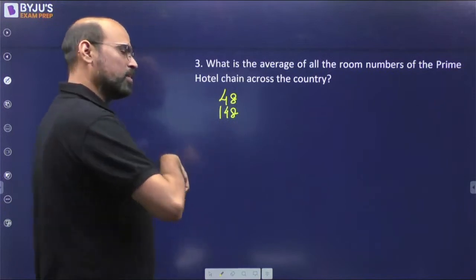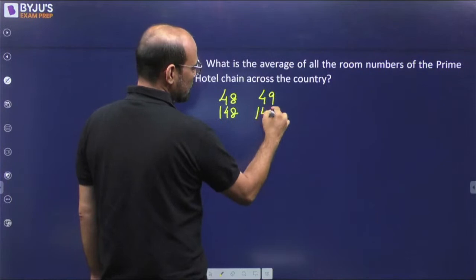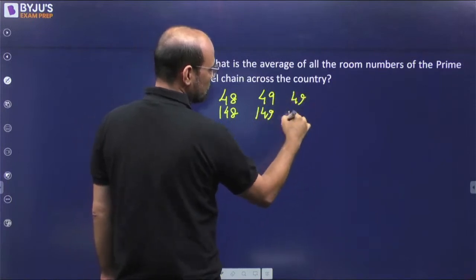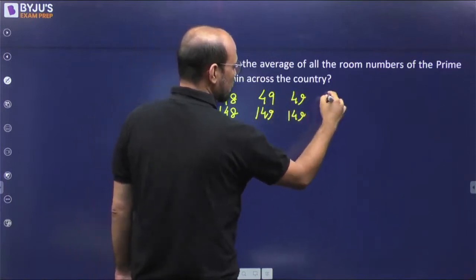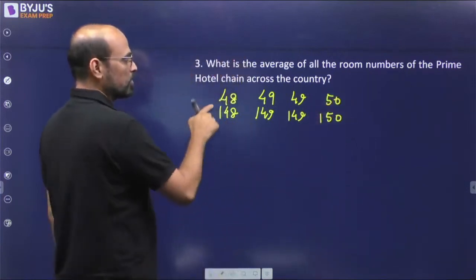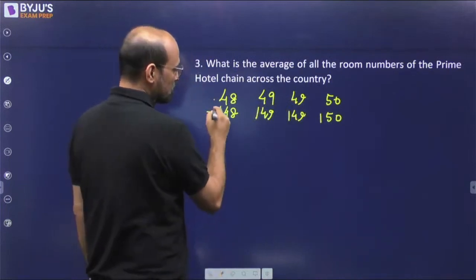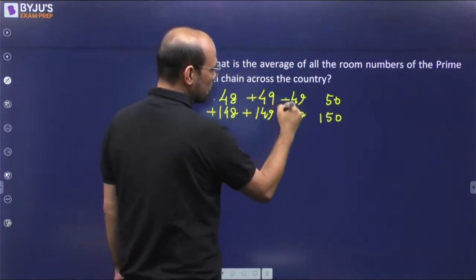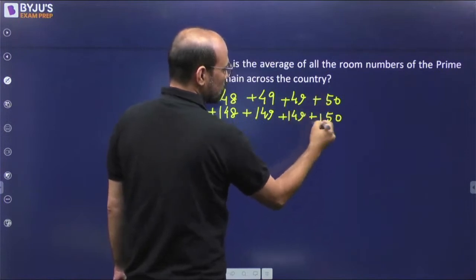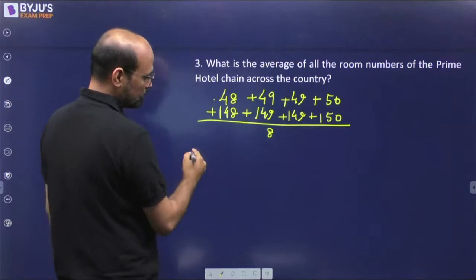Acha, okay. There were two hotels with 49 and 149 as the average. And there was one hotel with 50 and 150 as the average. Now do remember there are 6 rooms of each type, right? So this means we are supposed to add all the numbers now. And since their weightages are same, we will have to divide this by 8.